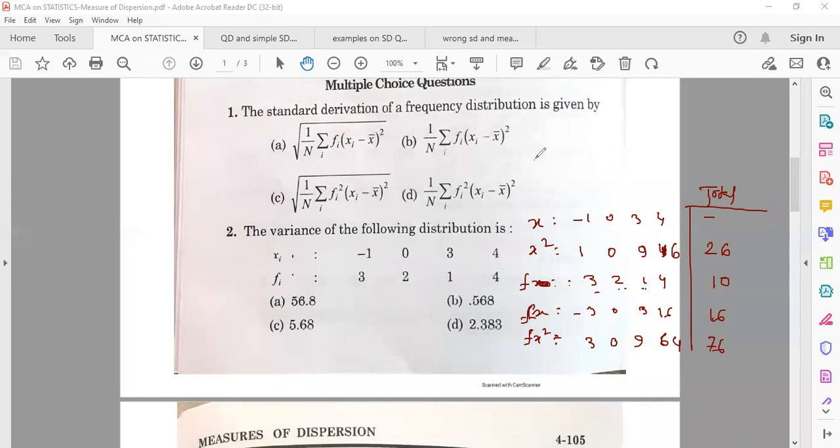Hence, variance equals summation fx square, that is 76, by summation f, that is 10, minus summation fx, 16, by 10, whole square. That is 7.6 minus 1.6 square.